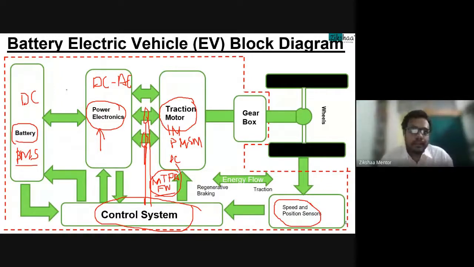Now, this diagram that we are talking about is a complete battery electric vehicle. It is also called BEV, or sometimes plug-in EV. If we are talking about EVs, more often than not we think about battery electric vehicles.